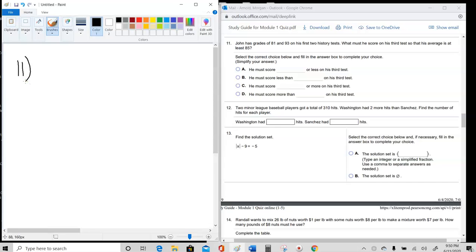John has grades of 81 and 93 on his first two history tests. What must he score on his third test so that his average is at least 85? So we'll let X be the third test.